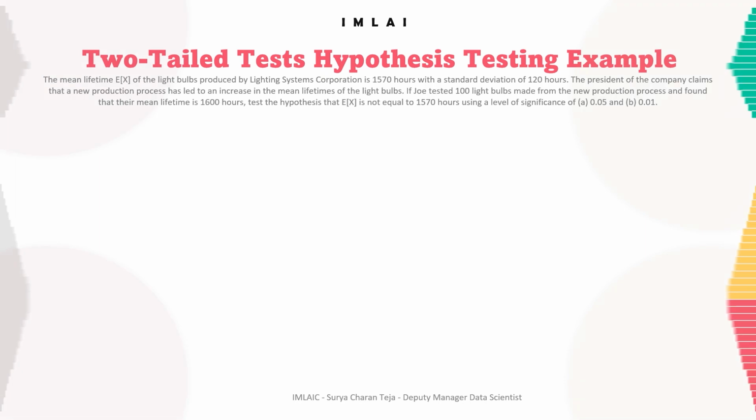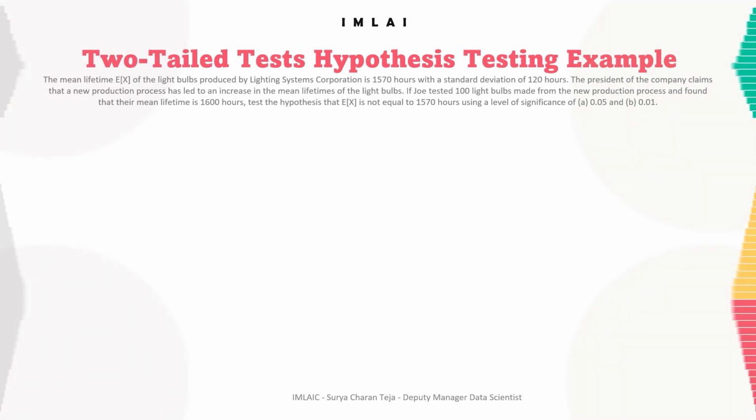The mean lifetime, let's call it E of X, of the light bulbs produced by Lighting Systems Corporation is 1570 hours with a standard deviation of 120 hours. The president of the company claims that a new production process has led to an increase in the mean lifetimes of the light bulbs.